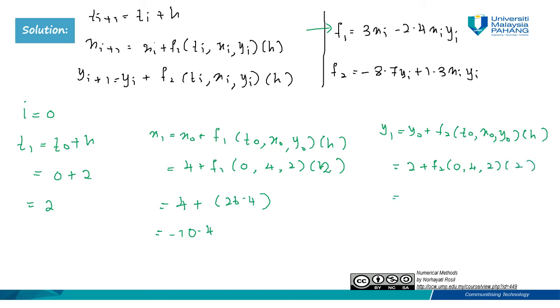To calculate F2, just substitute the values into our equation here. So we will have 2 plus minus 14. So you will have minus 12. So this is our final answer here.